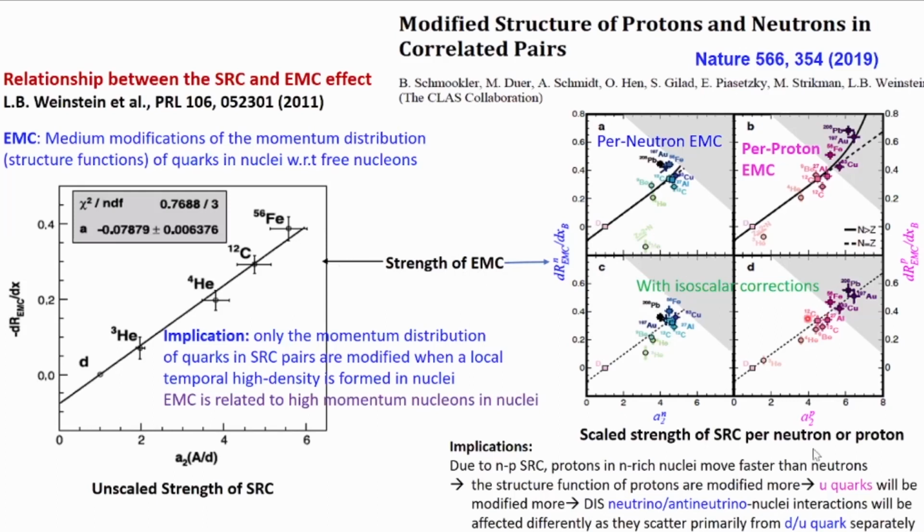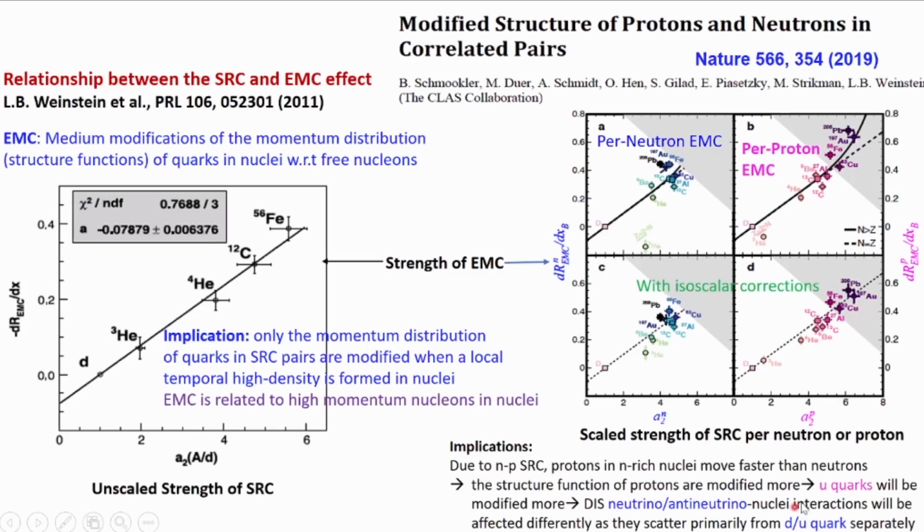So this tells us that due to neutron-proton short-range correlation, protons in neutron-rich nuclei move faster than neutrons. Because in protons you have two up quarks and one down quark, from here they inferred that maybe the up quarks are moving faster than down quarks in nuclei.